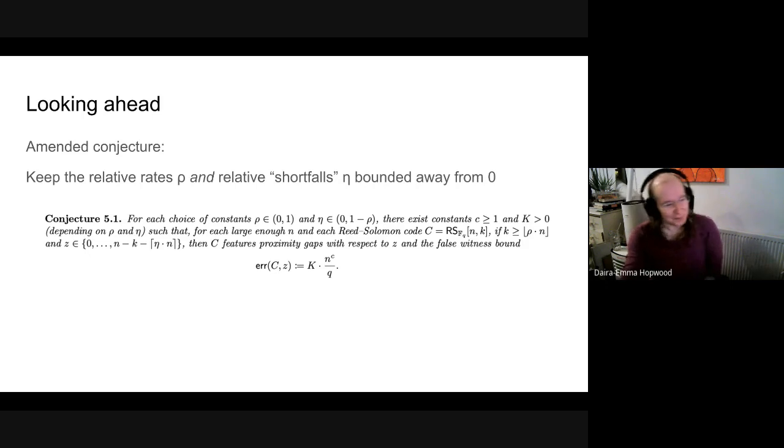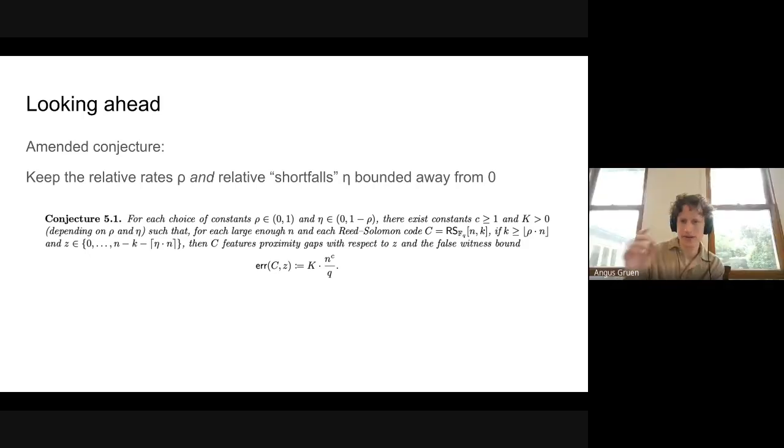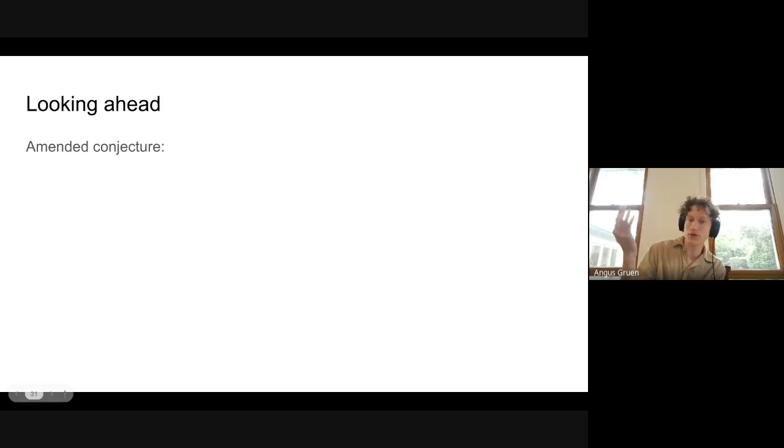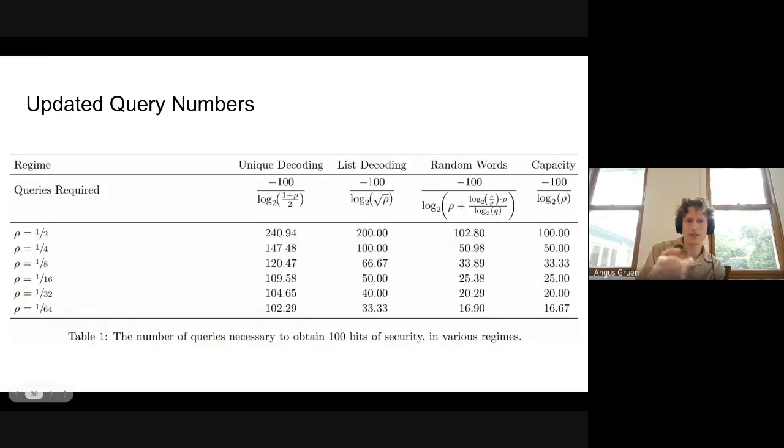I think at least for us, the thing that we care about more than necessarily this conjecture is, if we go back a slide or two, we do put some concrete numbers in. These query numbers. And I guess this is more of our concrete statement. Because when we're trying to work out how to fix the conjecture, one of the things Alistair pointed out was that our counterexample already works in this slightly unrealistic setting.